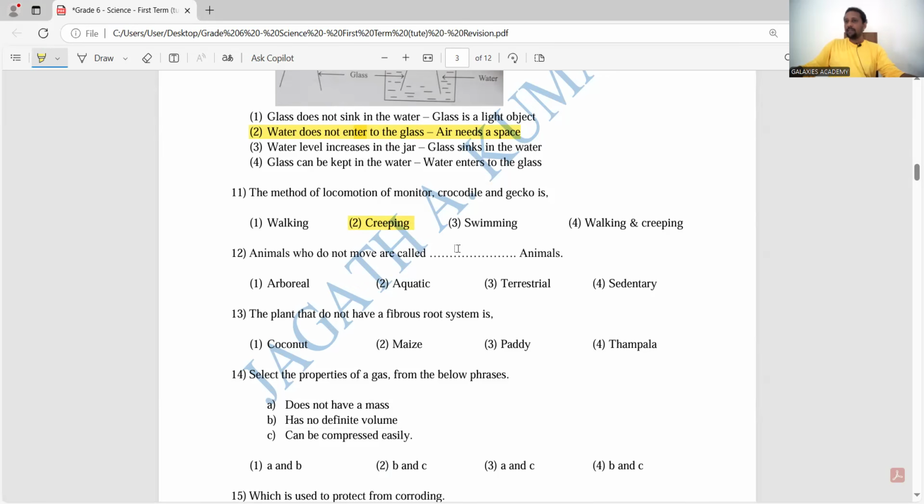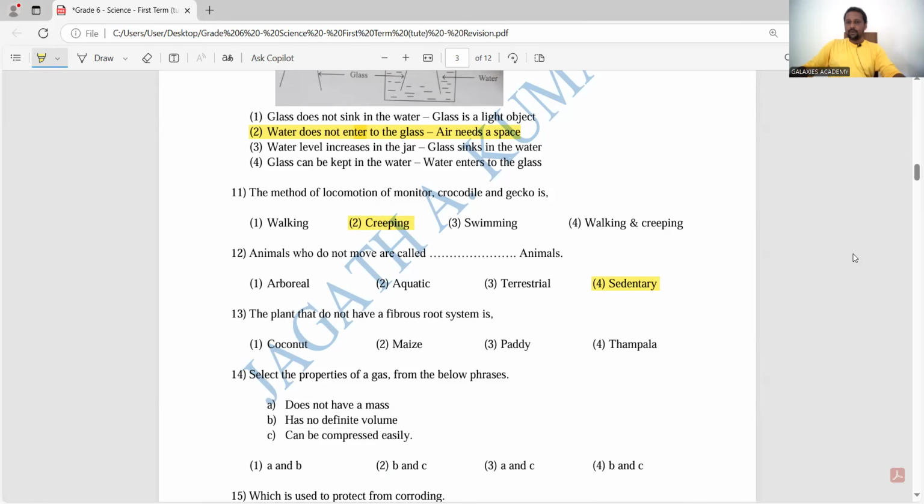In the terrestrial environment, right? Terrestrial means Godabima, right? Terrestrial means Godabima. So the fourth answer, sedentary. Sedentary means they are fixed to the surface. They can move. We can see the movement of them, but they can't locomote. So the correct answer for the 12th question, sedentary.